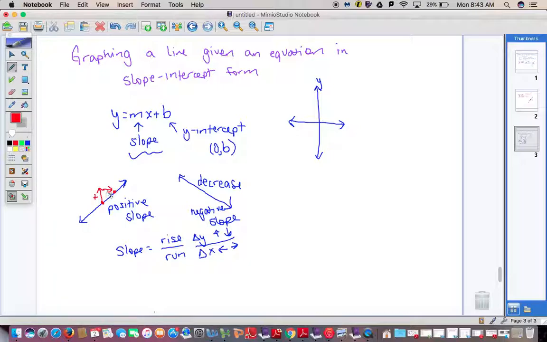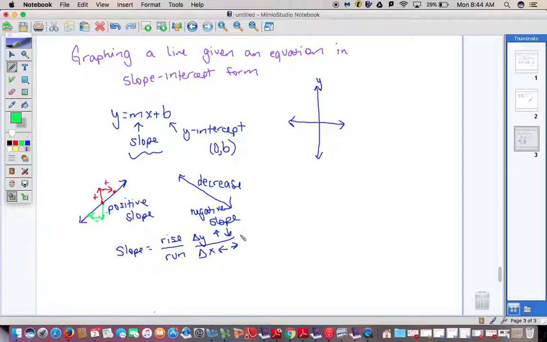So we've got a positive direction for our y and a positive direction for our x. Now, what if you didn't have room and you couldn't go up and to the right? Well, you could reverse both directions and go down and to the left. A negative divided by a negative is also a positive. So remember that if you don't have enough room to move up and to the right to plot your point, you can also go down and to the left.